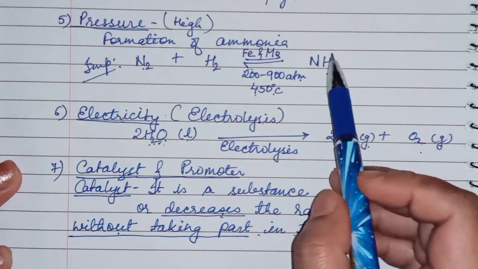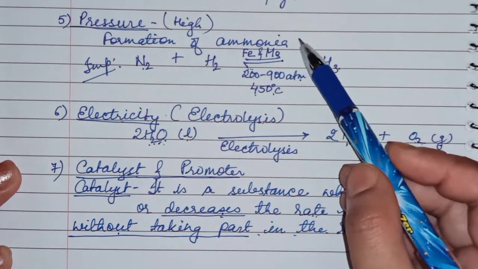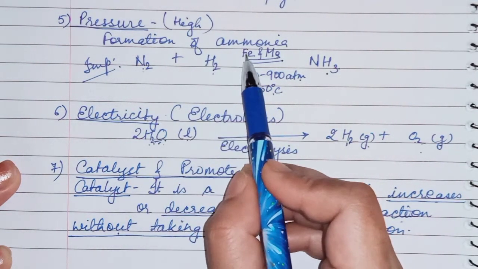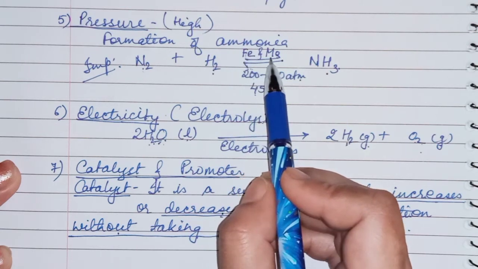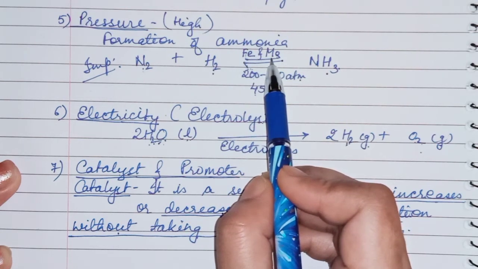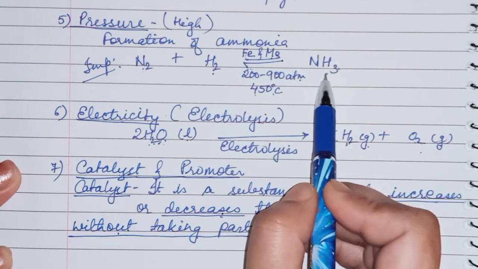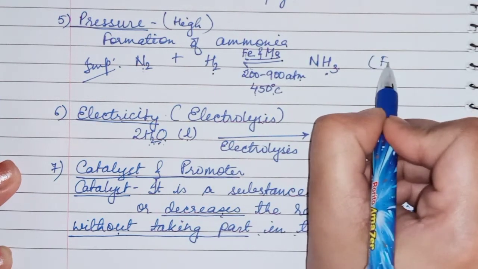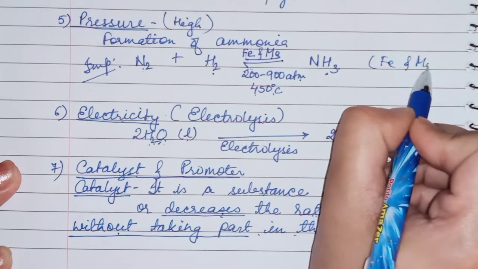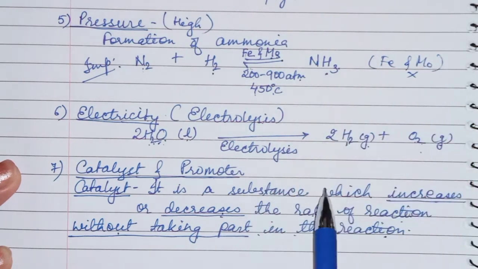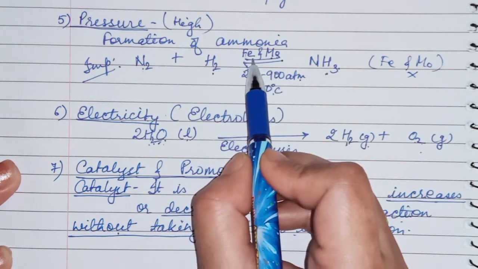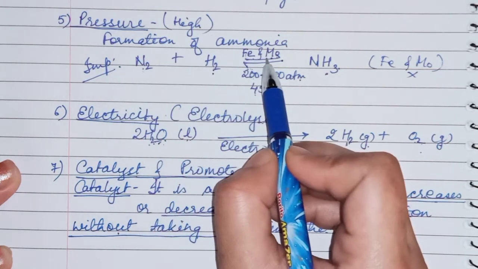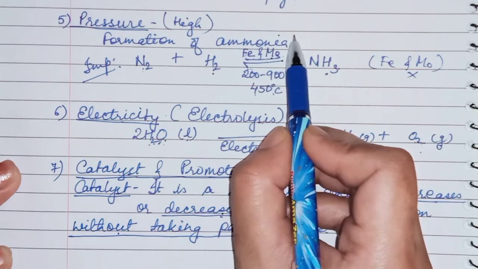See here, same reaction we will consider. Nitrogen and hydrogen, when catalyst iron is taken and promoter molybdenum is taken. Here in the product side you can see no iron and molybdenum is present. That means they come here, they increase the rate of reaction, and from here they move out.